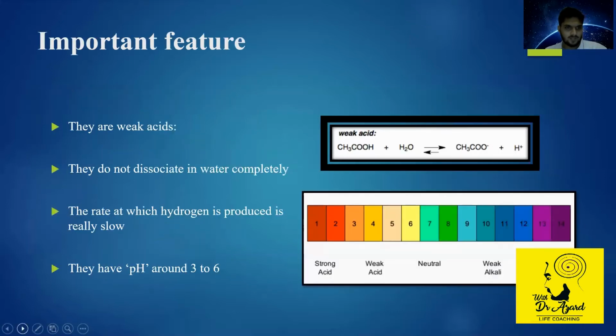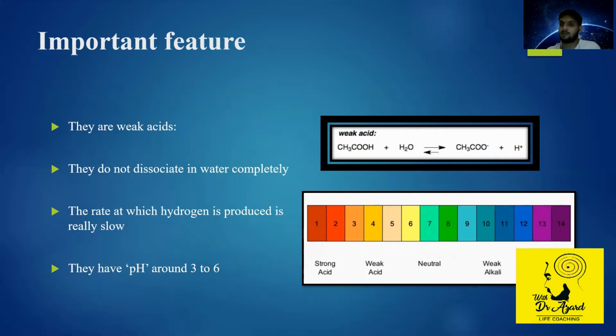So with that in mind, that's the basic description. This is a very important feature. Now, when we see carboxylic acids, it mentions the word acid, so you would know we are talking about an organic acid.